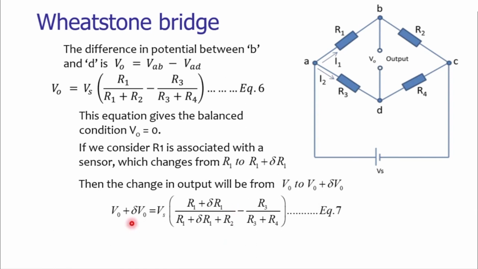We are interested to find out the change in output voltage due to change in the resistance value of the R1 resistor. To find it out, subtract equation 6 from equation 7.